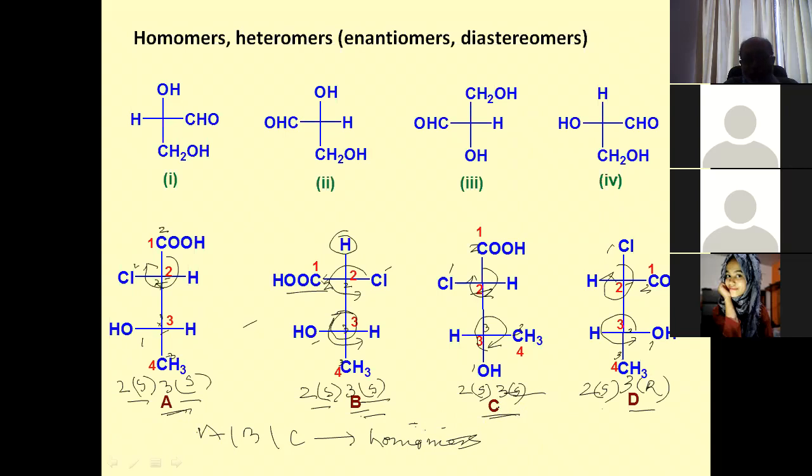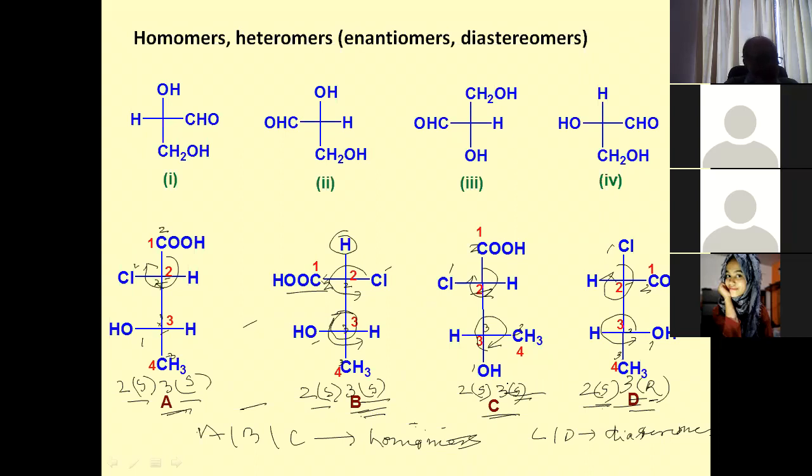Because this is S, this is S. If it had to be the enantiomer, this should be 2R, 3R, but it has become 2S, 3R. So C and D are diastereomers. So B and D are also diastereomers, and A and D as well, because A, B, C are the same.